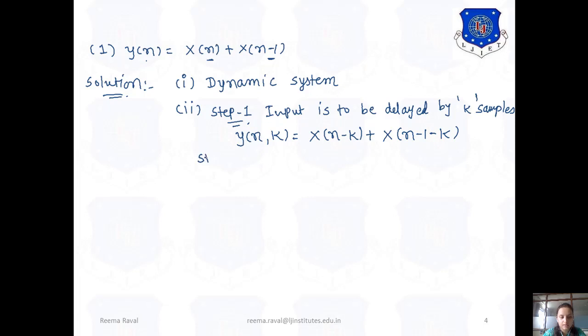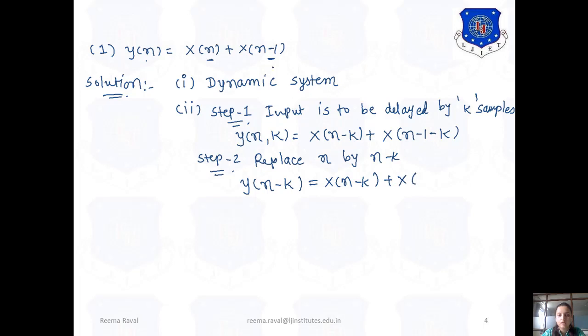Step number 2: replace n by n minus k. That means in the given system function, wherever n is there, replace it by n minus k, and we denote it as y of n minus k. So the first is x of n minus k plus x of n minus k minus 1.